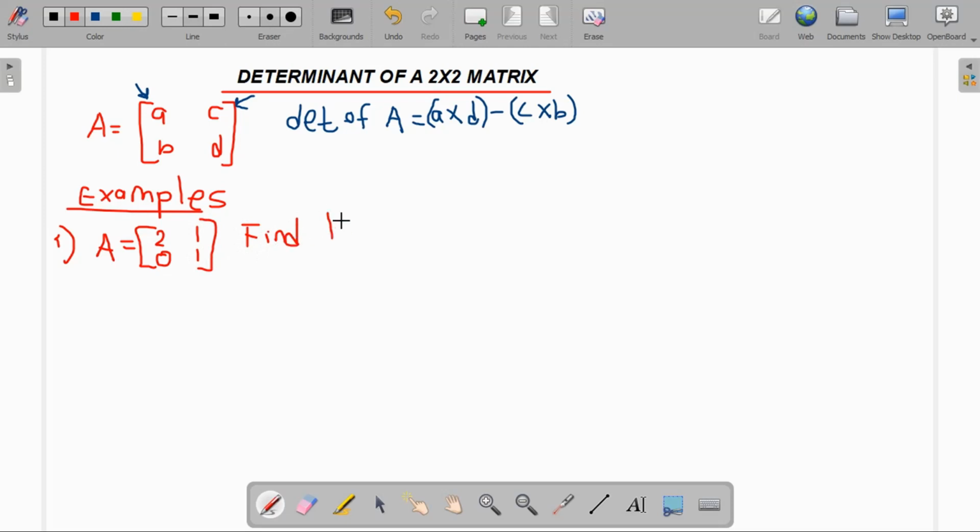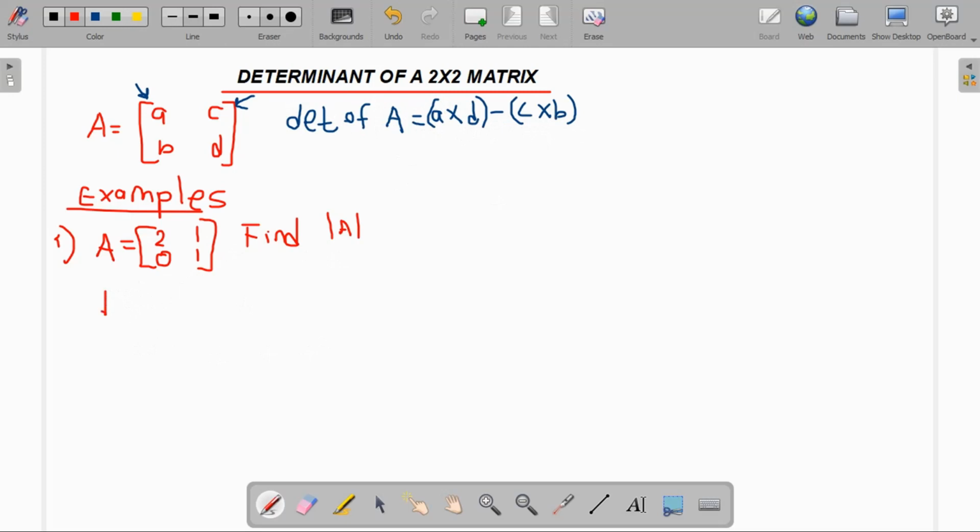Find the determinant of A. To do that we use the same procedure: multiply the major diagonal, take away the product of the minor diagonal.